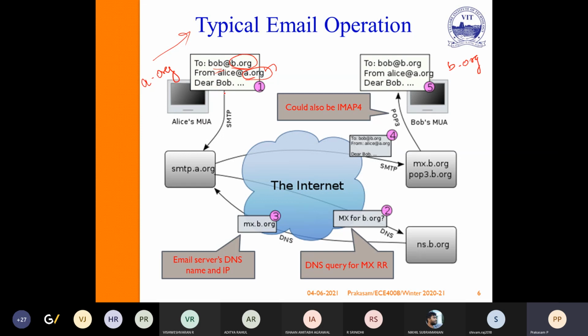first it will go to the simple mail transfer protocol of a.org. Then it will go to the simple mail transfer protocol of b.org, then through the internet, to the respective POP of b.org. It is nothing but the post office protocol.